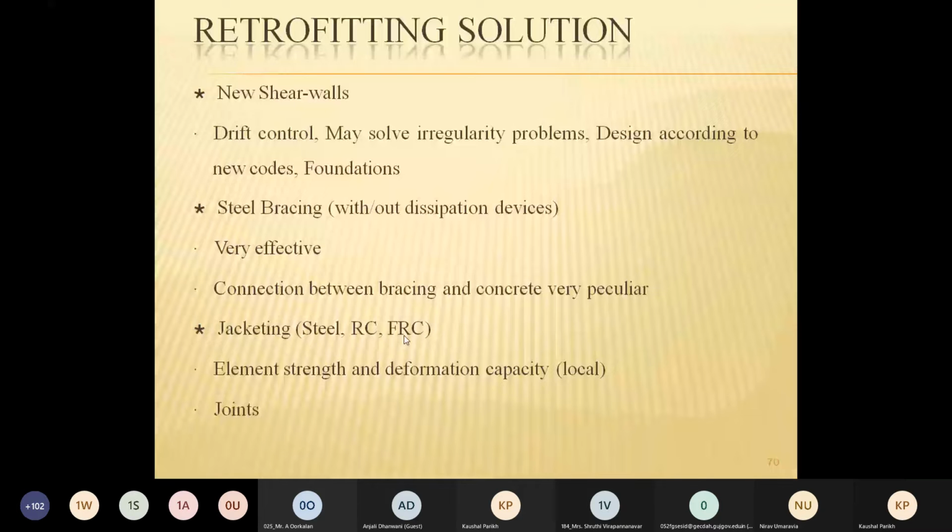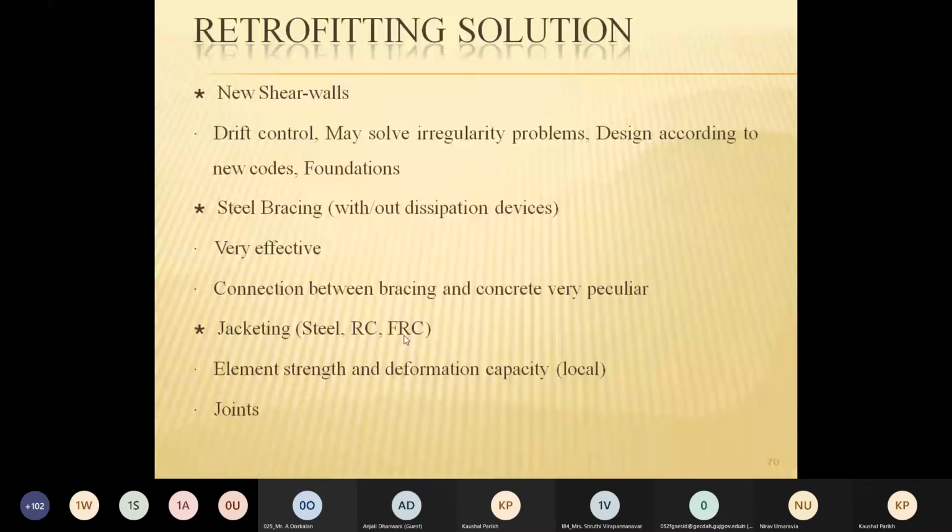Another solution is the application of steel bracings. It is very effective as far as the retrofitting technique is concerned for dissipating earthquake energy. But an important thing here is that the connection between the bracing and the concrete is a crucial criterion.